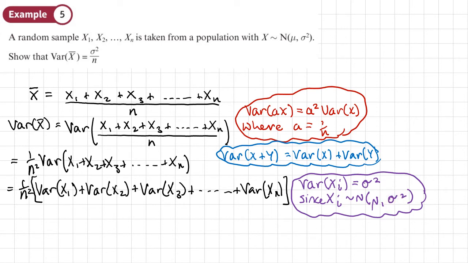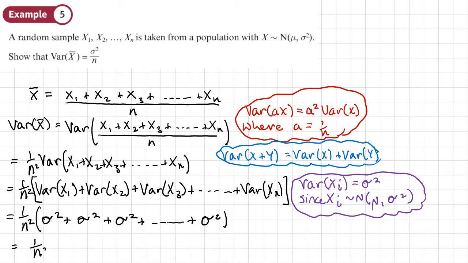So that means that I can replace each one of those variances with sigma squared, and I'm going to have n lots of all of those sigma squared, and then one of these n's is going to cancel out, leaving 1 over n sigma squared, or sigma squared over n as required, which basically means I can use the variance of the sample means to find the variance of the population if I times both sides by n.